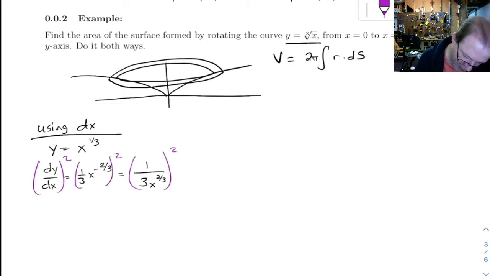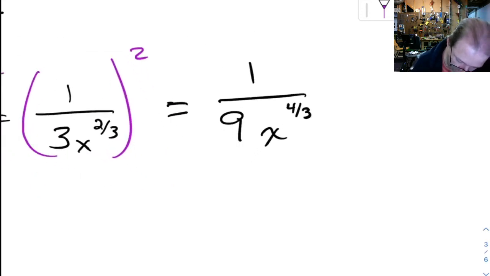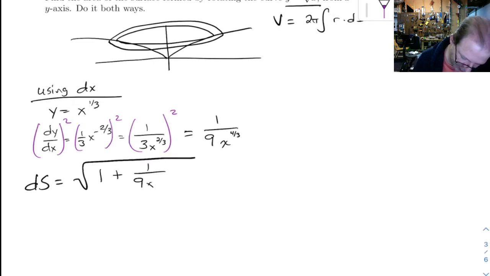This is squared. So what's that equal to? That's 1 on top. On the bottom, you've got 9. And when you square x to the 2/3, remember, whenever you square something, you double the exponent. So this becomes 9x to the 4/3.